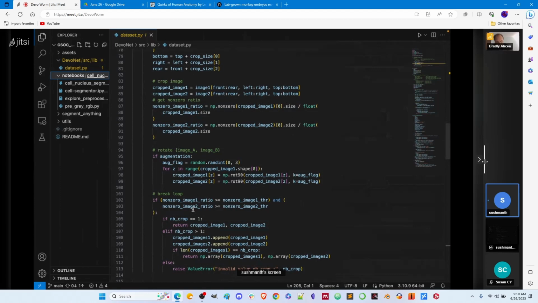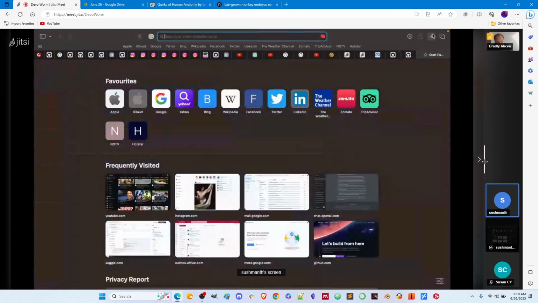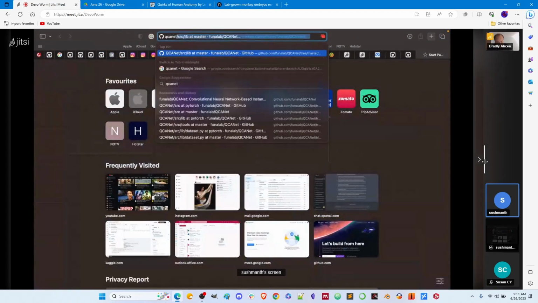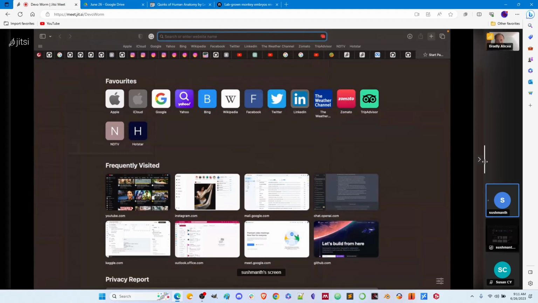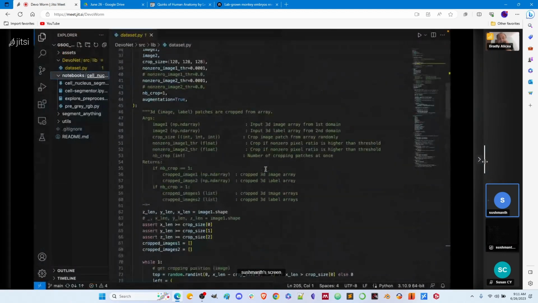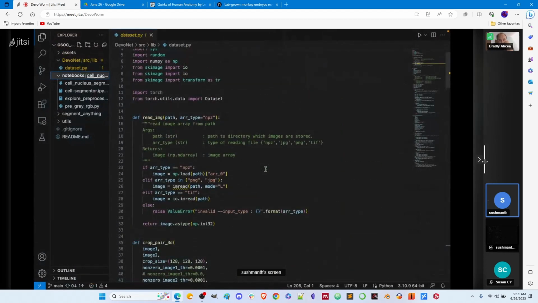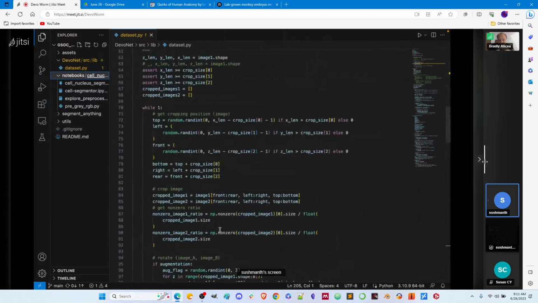Actually, there is a resource on the internet for this, but they wrote it in another framework called Chainer. Chainer is another framework like PyTorch, but I'm trying to write it in PyTorch and implement it.